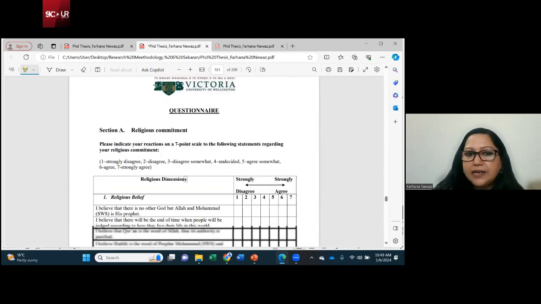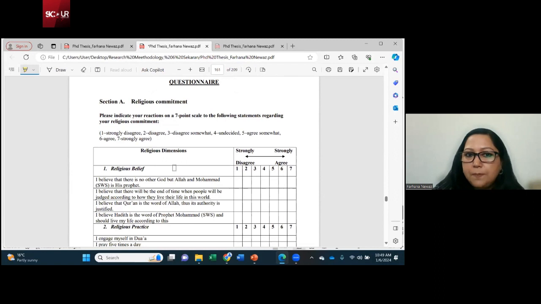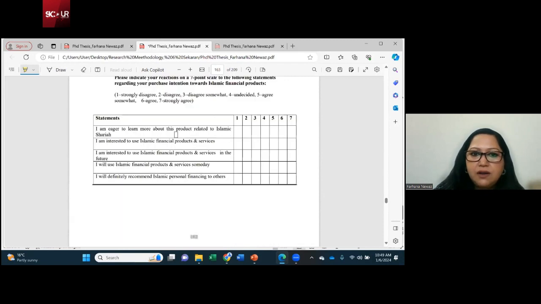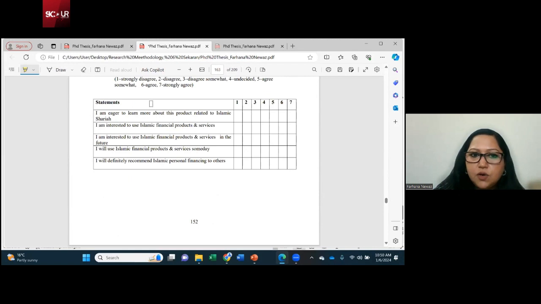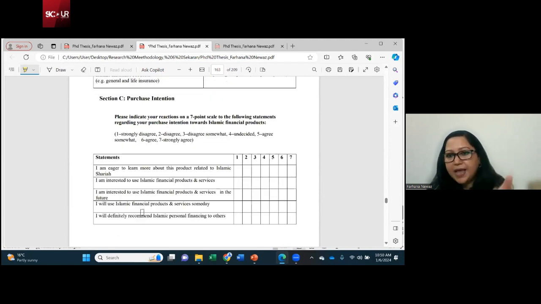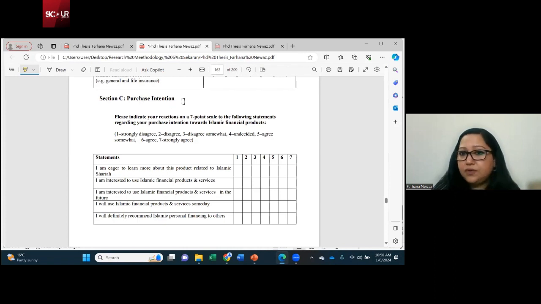Which author's items, the questions or the statements, did you use to measure this variable? So this way you need to make sure all your references are there for which author's scale or items you have used to measure each variable. Please don't forget to give the references.